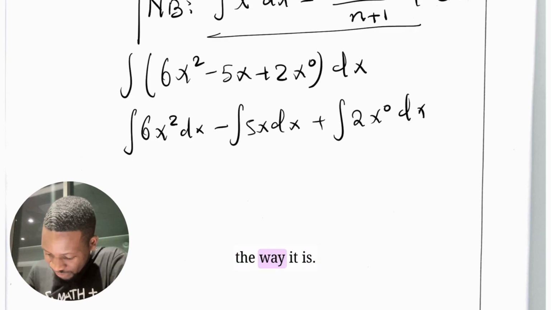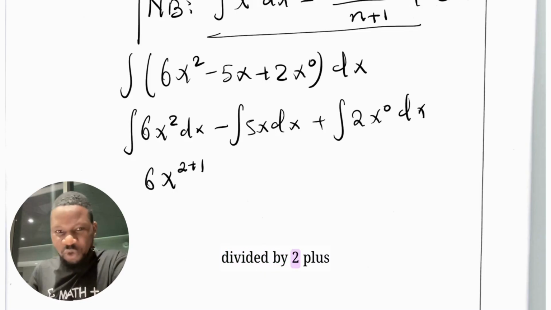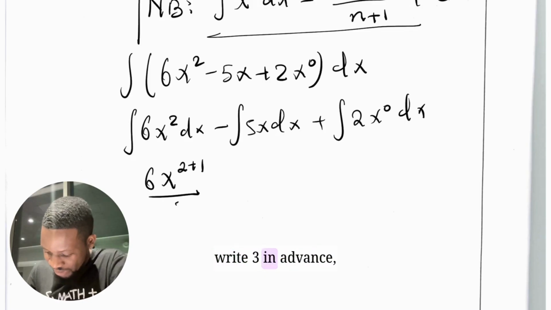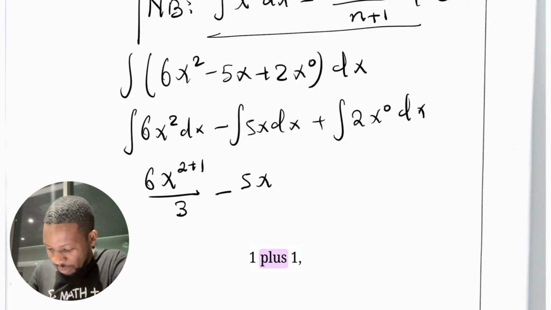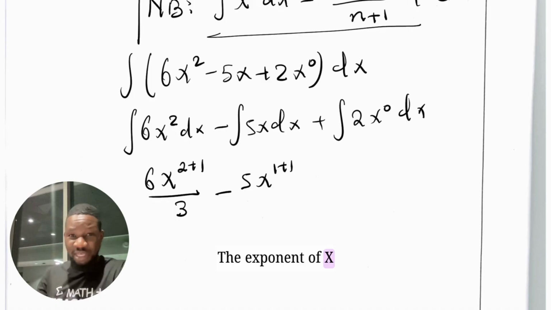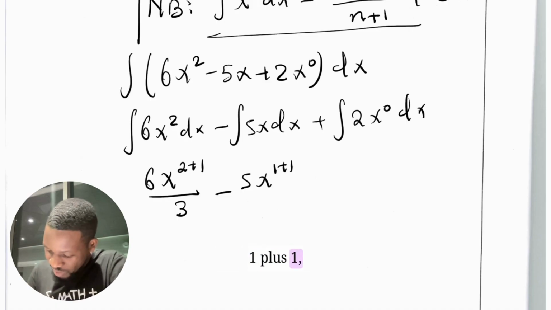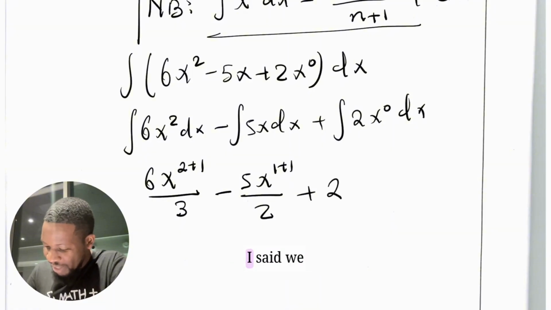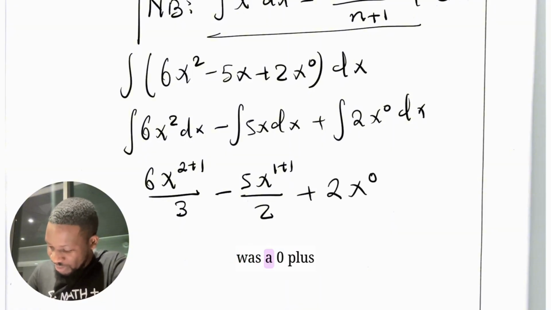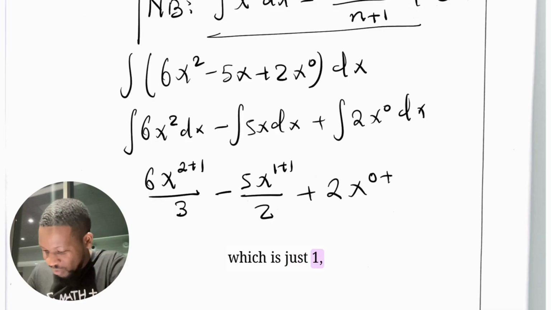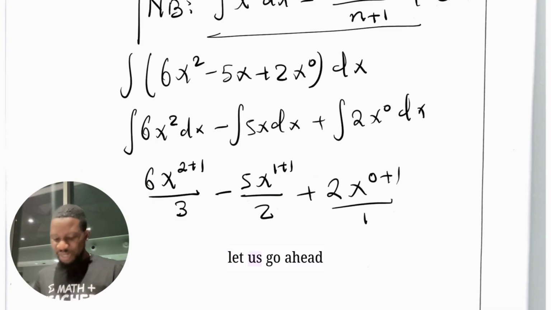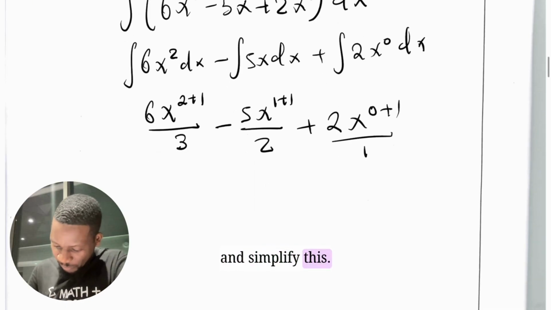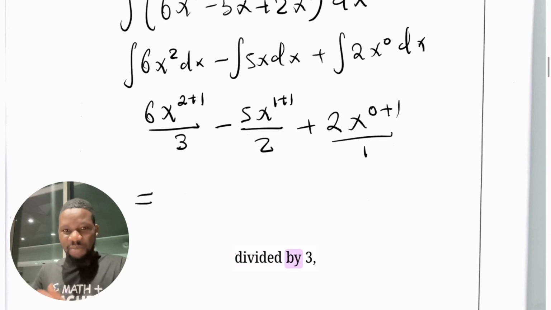So 6 remains the way it is, x to the 2 plus 1, divided by 2 plus 1 which is just 3, minus 5x to the 1 plus 1, since the exponent on x is 1, with 2 in the denominator, then plus 2x. Remember I said we add 1, so there was a 0 plus 1, which is just 1. Now let us go ahead and simplify this. So you have 6 divided by 3, which will be 2.